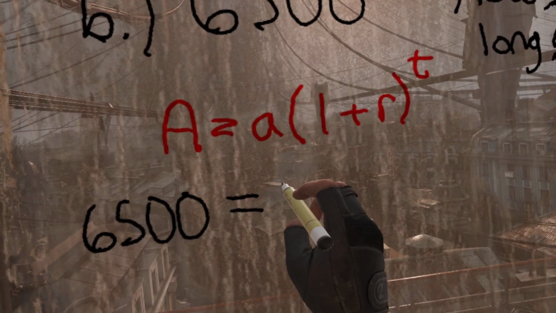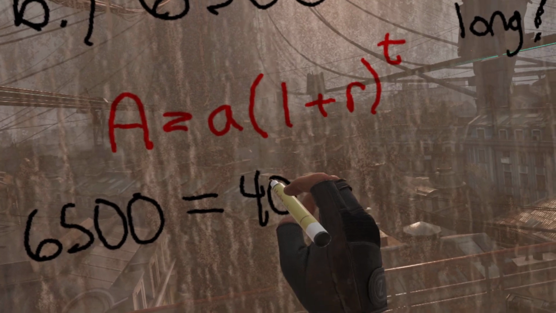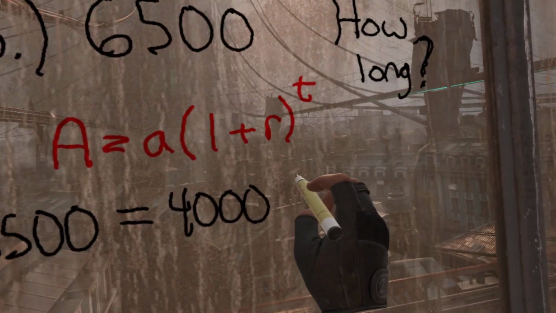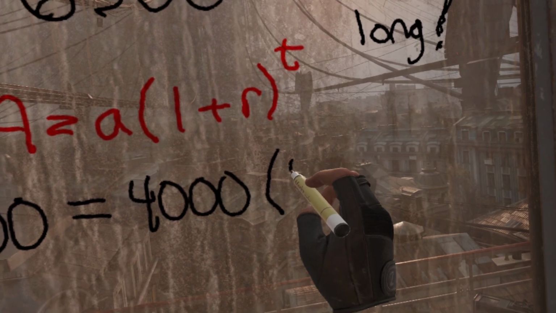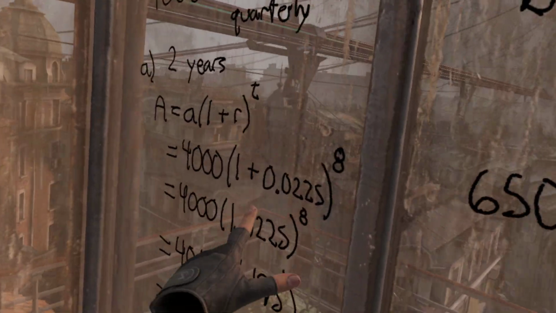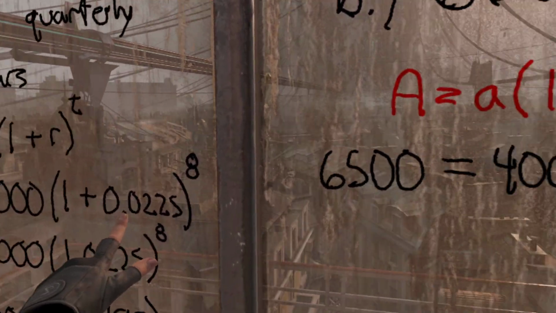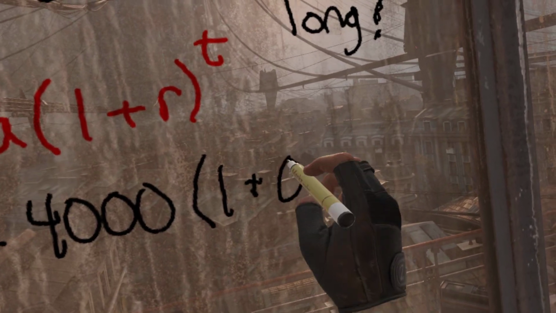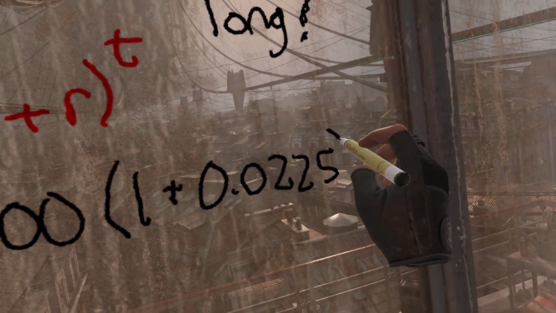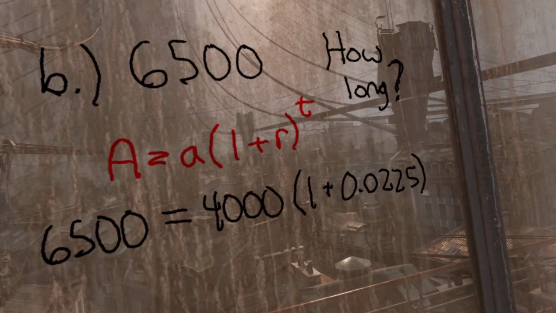It's still $4,000. The rate didn't change. I'm still adding 1 plus, now remember, we changed our percentage into a decimal, 0.0225.